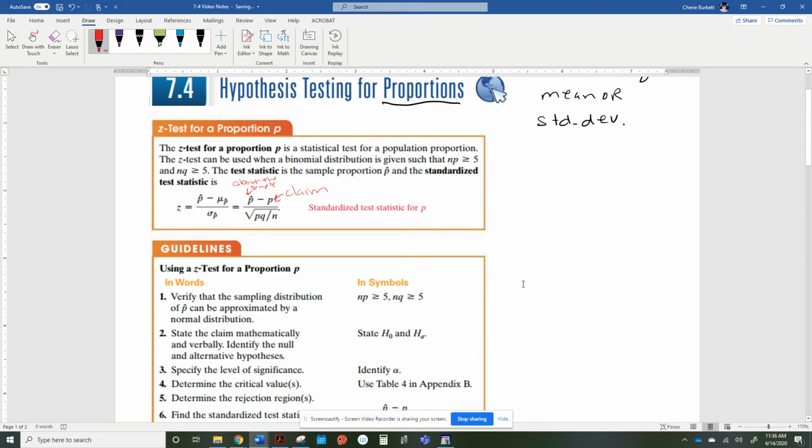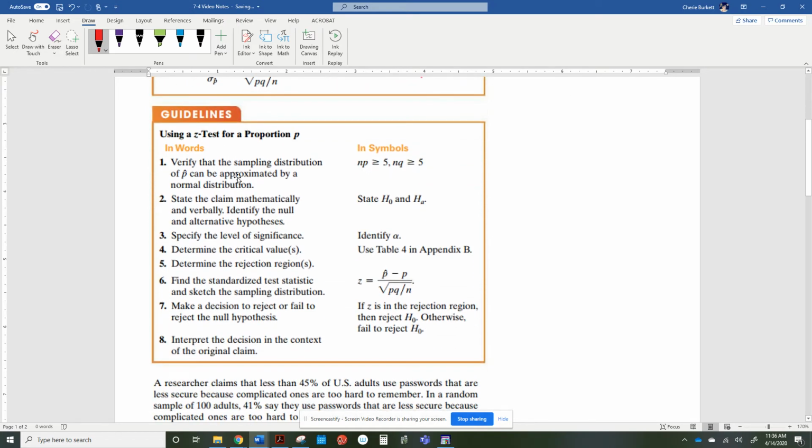Okay, so if you're going to do it by hand, these are the steps for doing it by hand. Here, we don't have to worry about our sample size being greater than 30. We have to check and make sure that the sample size multiplied by the value of p is greater than 5, and the same thing for q.